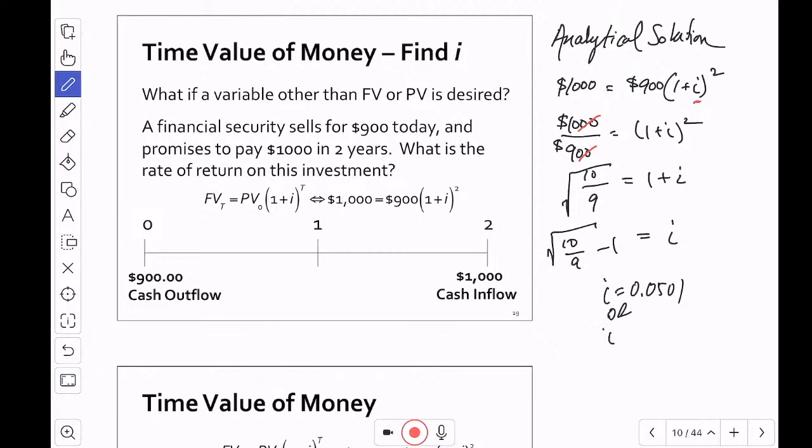Or we can write I is equal to 5.01%. So those are the same thing. So that's the analytical solution. Any questions?